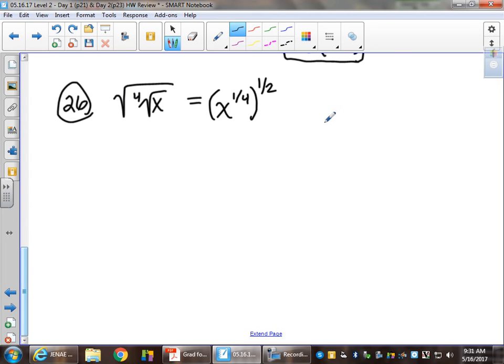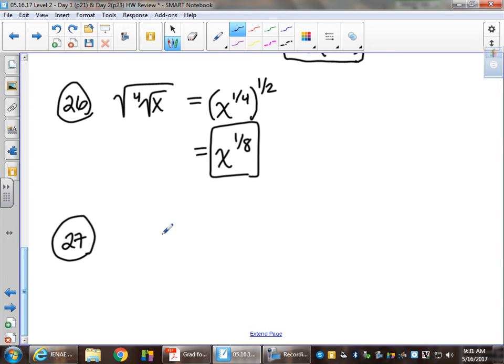So now what do you do with those powers? Multiply, and get 1 times 1 is 1, 4 times 2 is 8. But it's 1 times 1, not 1 plus 1.